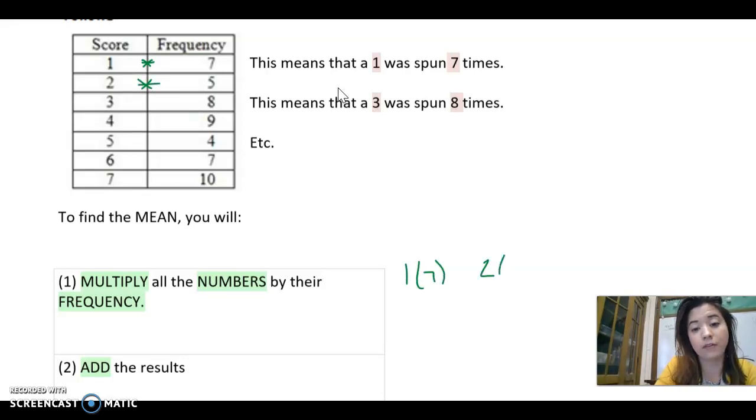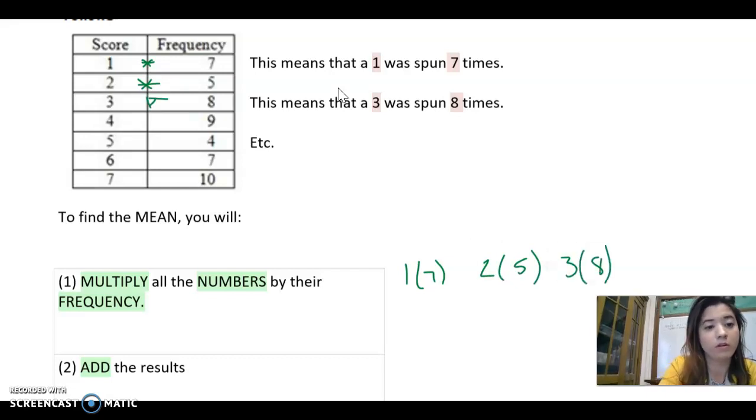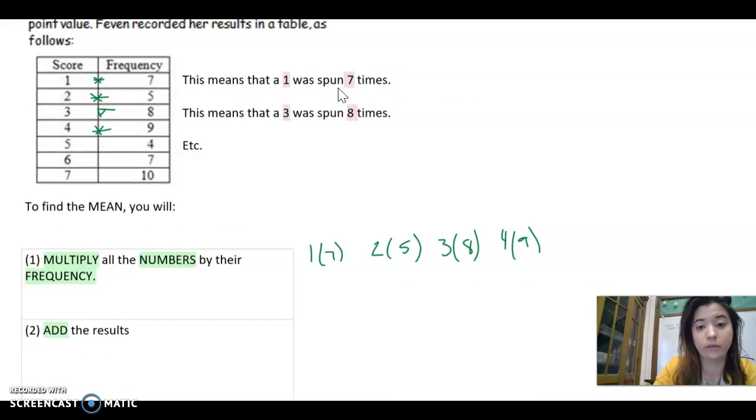2 times 5, 3 times 8, 4 times 9, 5 times 4, 6 times 7, and then 7 times 10.